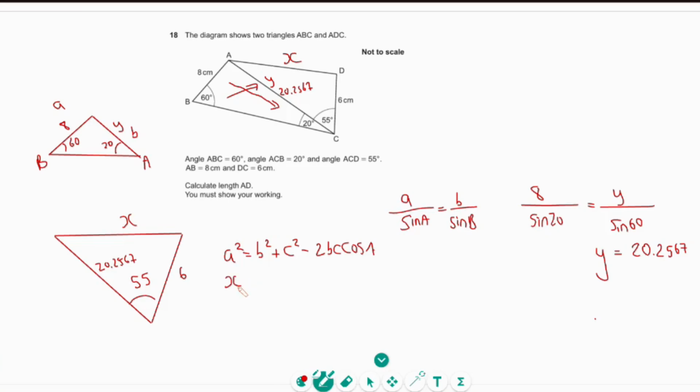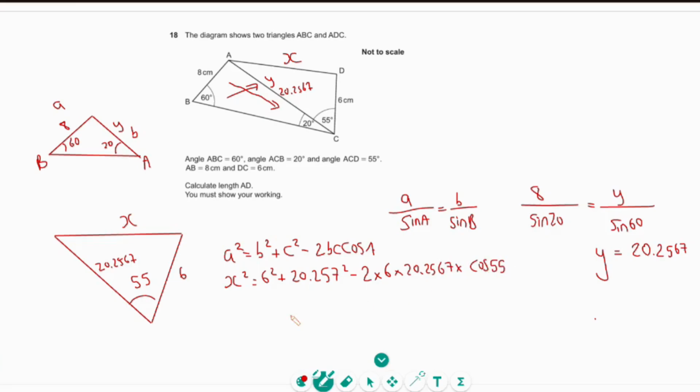So x squared equals 6 squared plus 20.257 squared minus 2 times 6 times 20.2567 times cos 55.